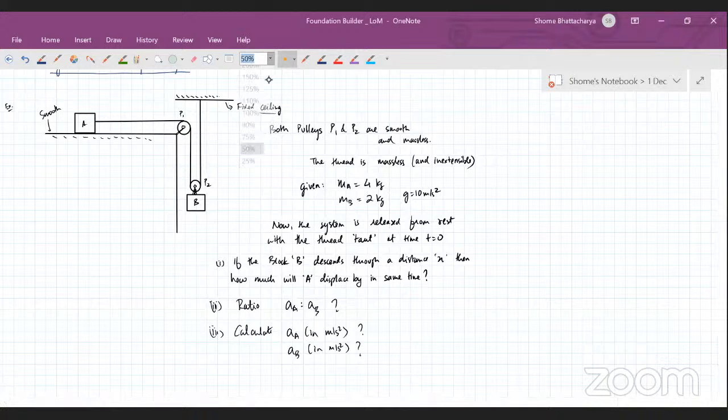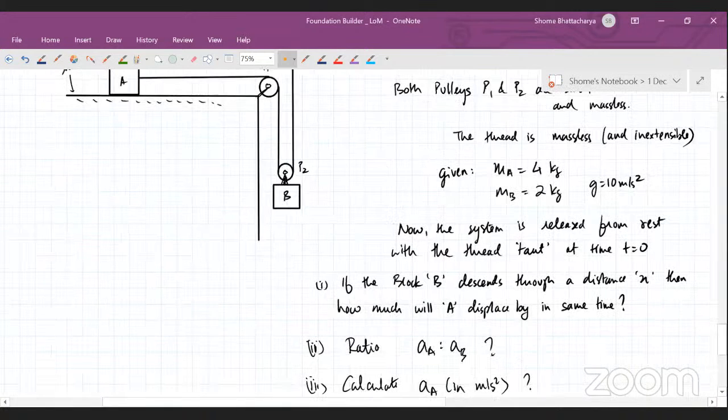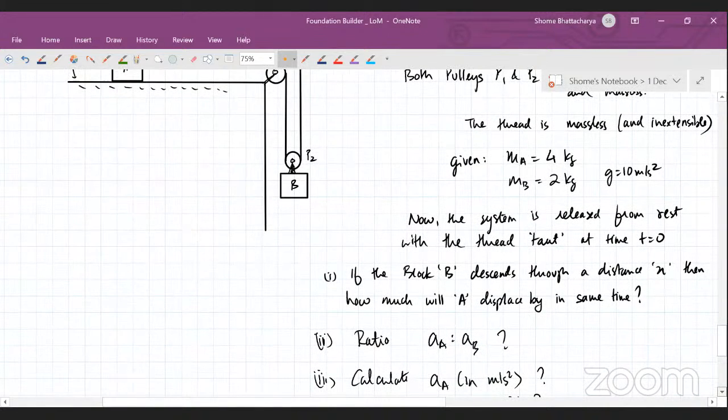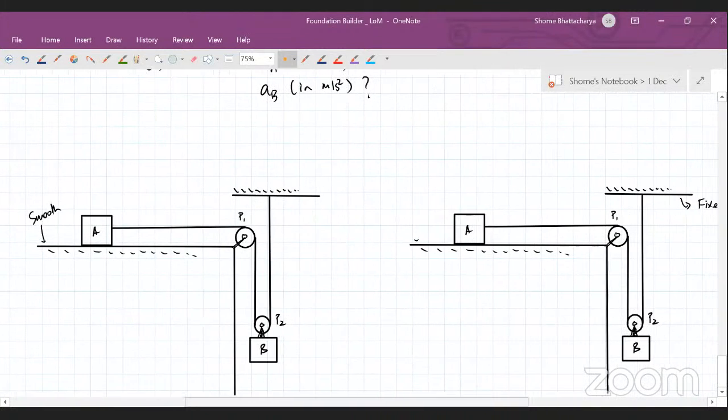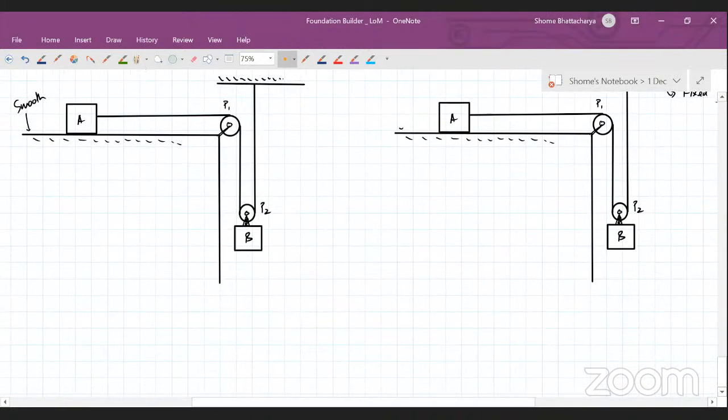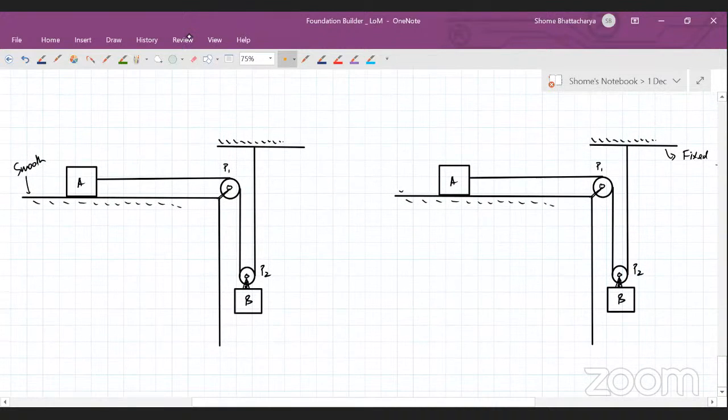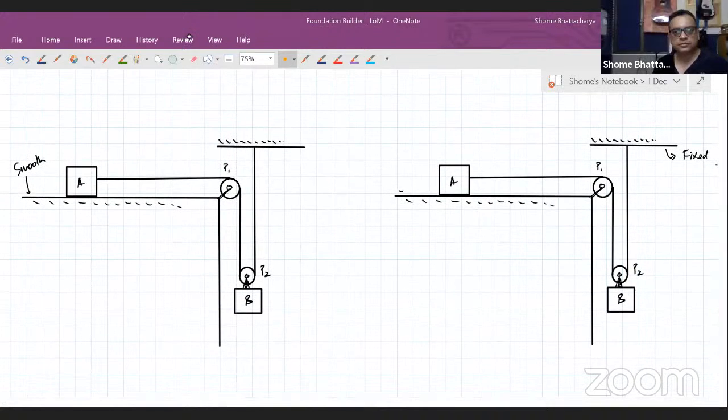Okay, so let us understand how to work out the first part, the relationship between the horizontal displacement of the block A and the vertical displacement of the block B. So this is actually called something called a constraint relation. Okay. So what is happening is that if this is the situation at some time t, and after some time delta t, this block is no longer here.